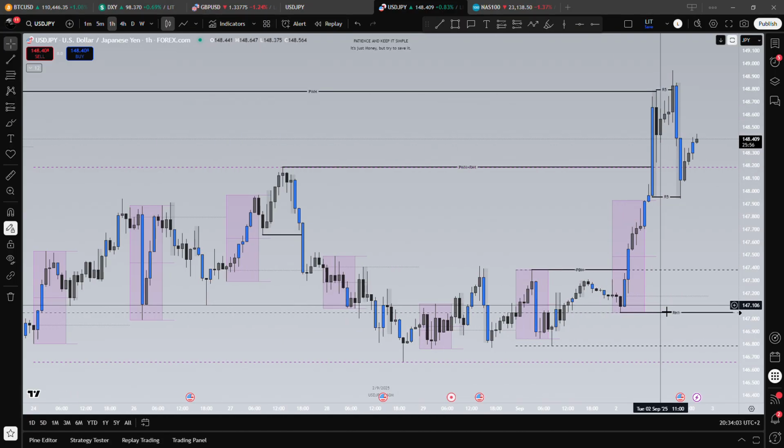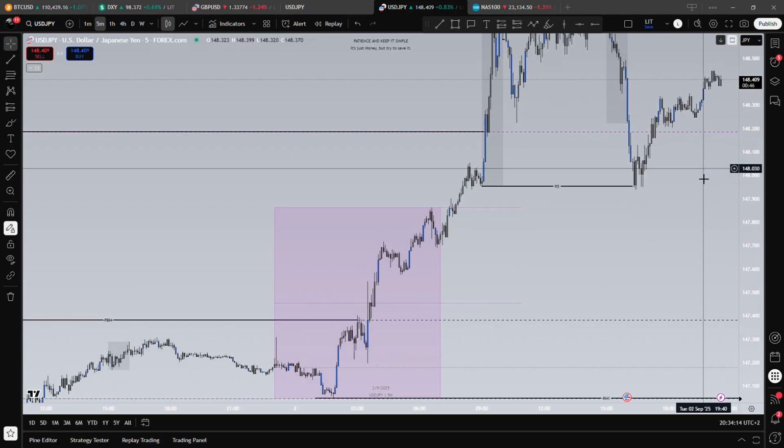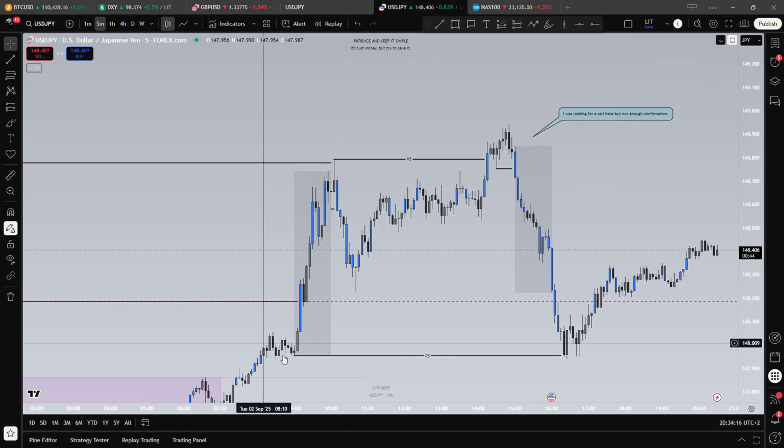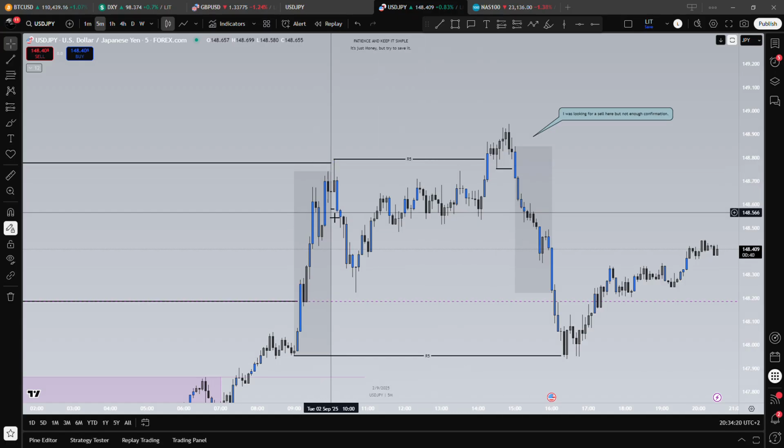Previous weekly high in this case, we took previous daily high, but in Asia. Then previous weekly high and relevant liquidity in each one, but no reaction here. And then with this previous weekly high, I was looking for sells. Why? Because we had clear relevant liquidity to take as a target. We had a break of structure to the downside with a wick.